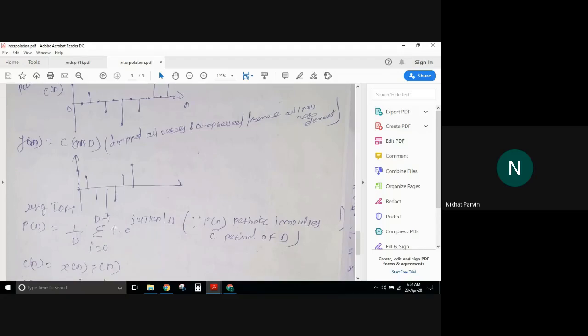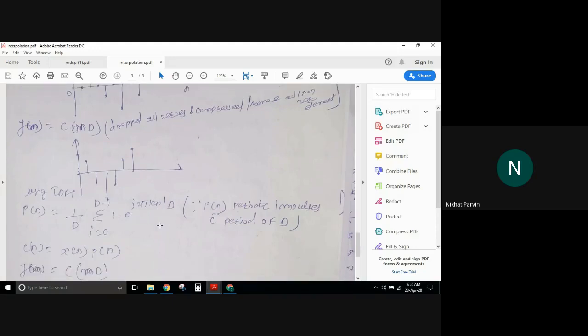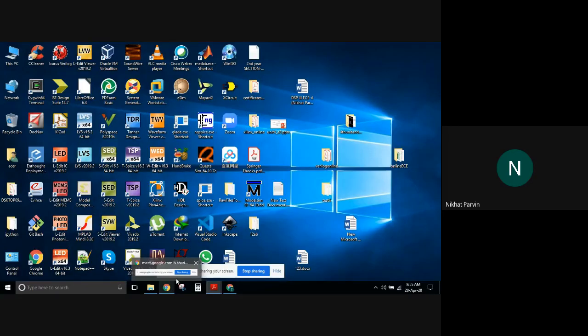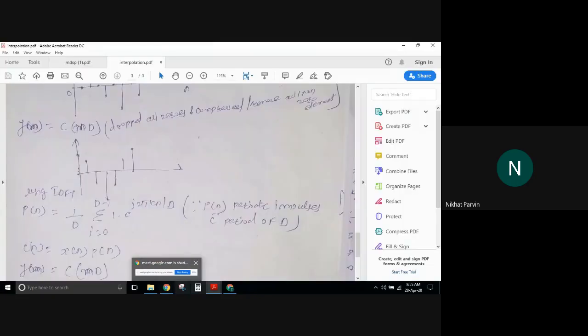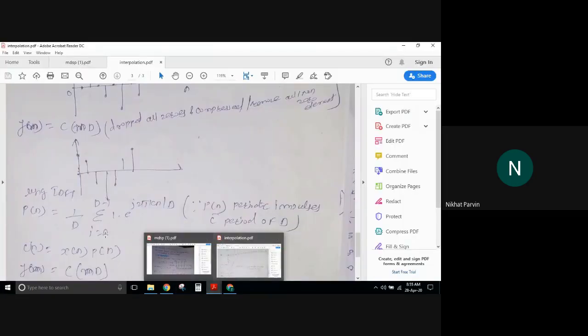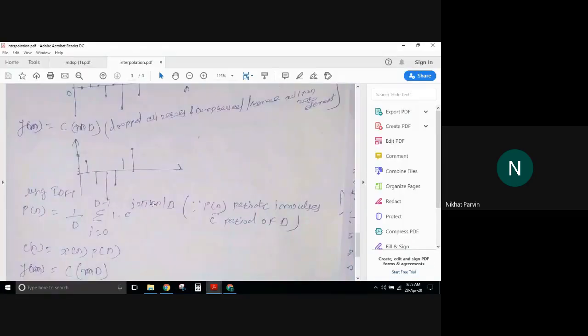As the magnitude is 1, the value is 1. As it is periodic, we can write e power j 2 pi kn by d. You can either write it using IDFT on p of n, or as p is a periodic impulse with period d, we can write it like this.